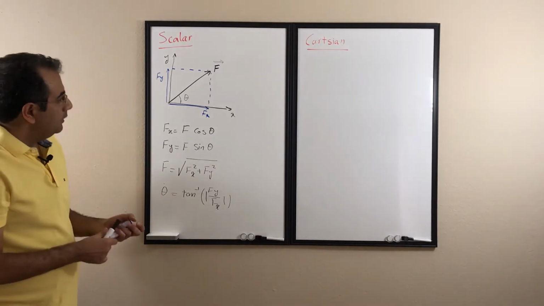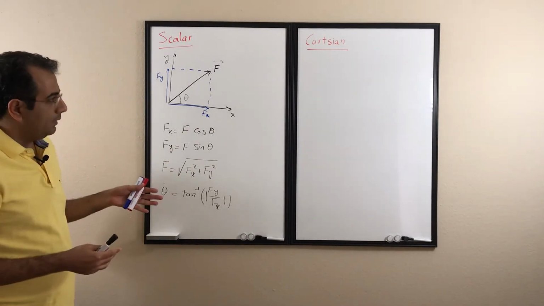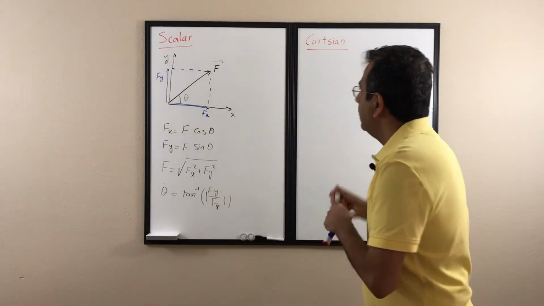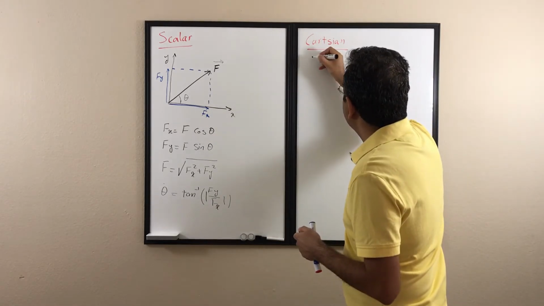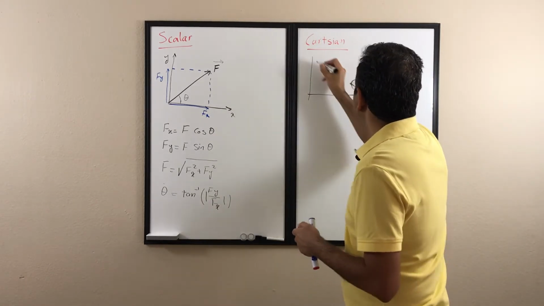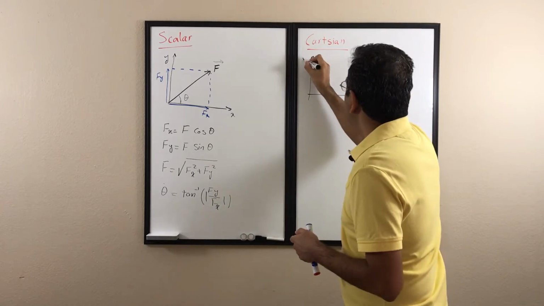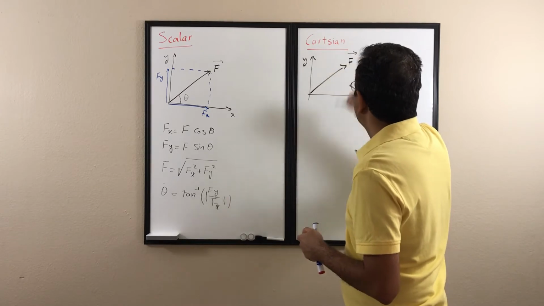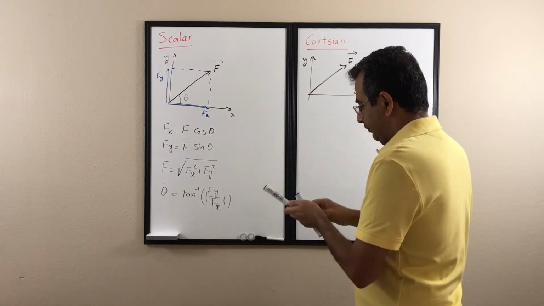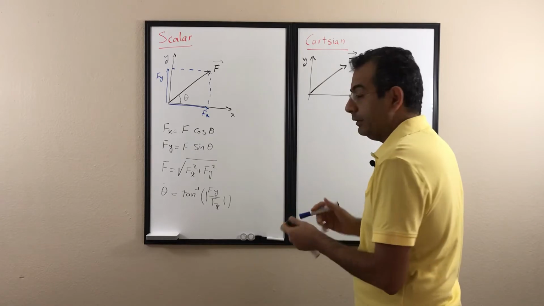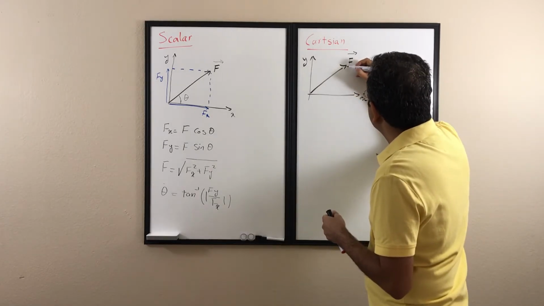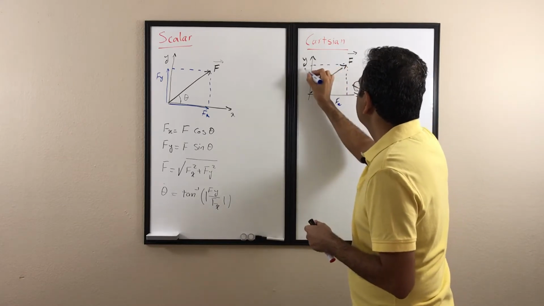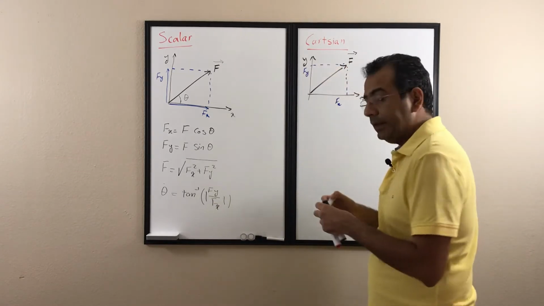But now let's look at how we are going to write exactly the same thing in Cartesian notation. Now I'm going to just draw the same vector here. So we have x and y and the vector F. Its projections, or components, are going to be Fx and Fy on the x and y axes.